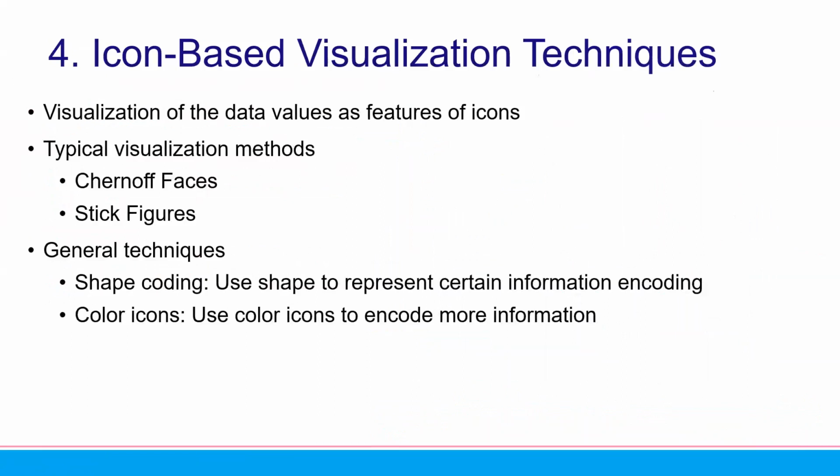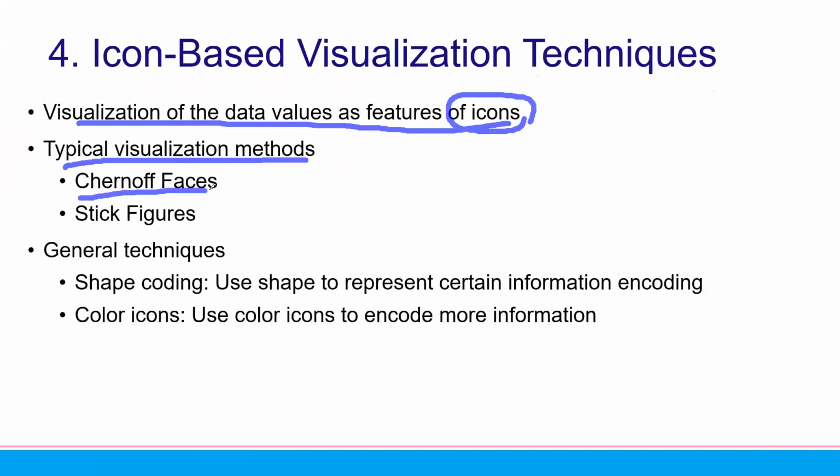Icon-based visualization techniques. This is also a good approach to visualize the data. We want to use pictures of icons, so icons means small pictures. There are some typical visualization methods. These are very traditional techniques. We call it Chernoff Faces. There is also another kind of visualization method we call stick figures.